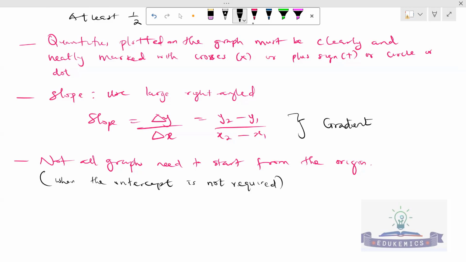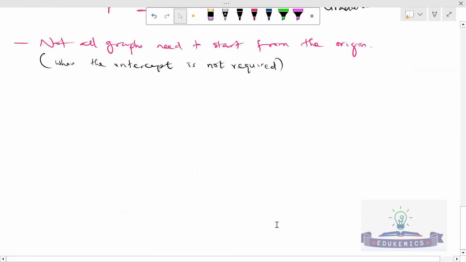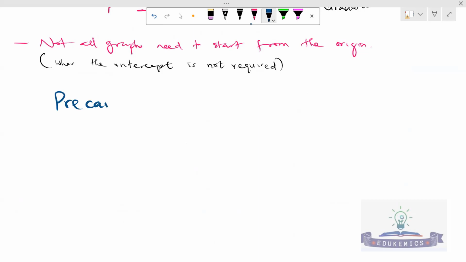Another point you need to know is on your precautions. Very important. Precautions are very, very important. At the end, for your WAEC, you'll be asked to write down the necessary precautions taken to have accurate values.